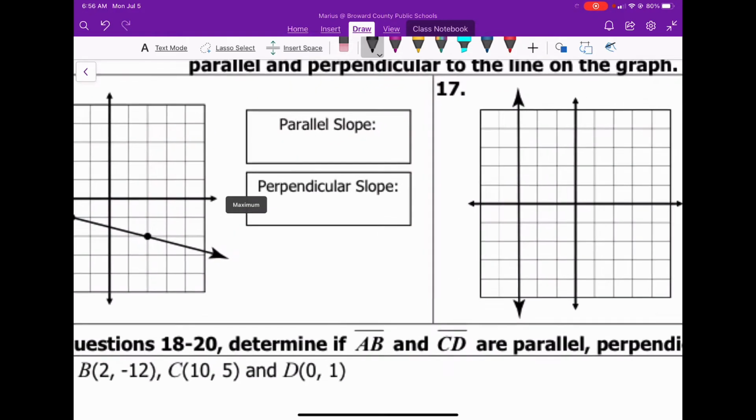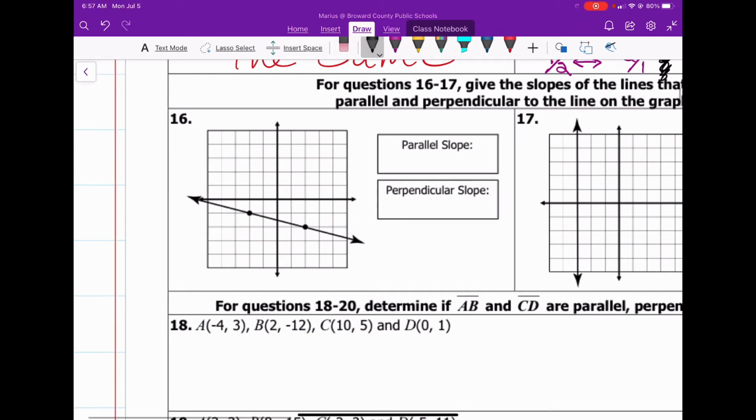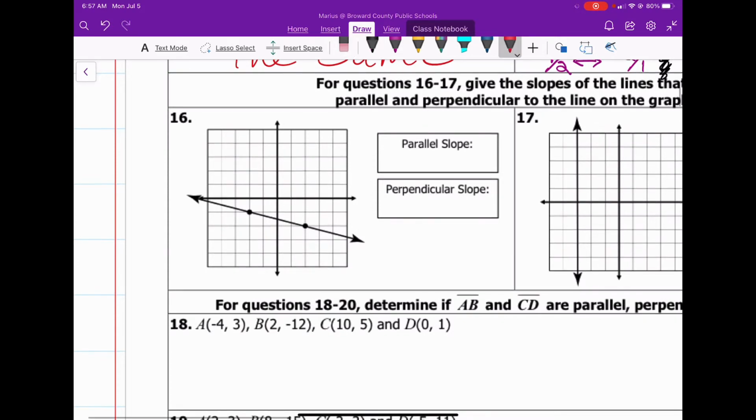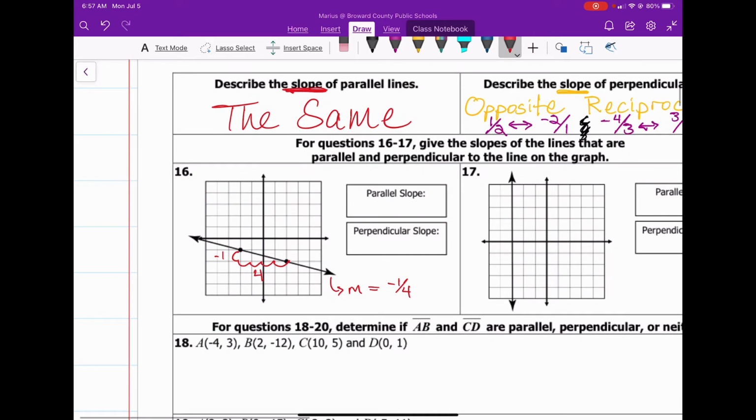Looking at the graph for number 16, we start with the point all the way to the left, and we go down 1 unit, so that's -1, and then we go to the right 1, 2, 3, 4. So the slope of this line is -1/4.